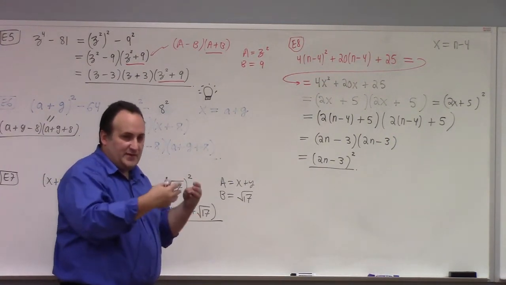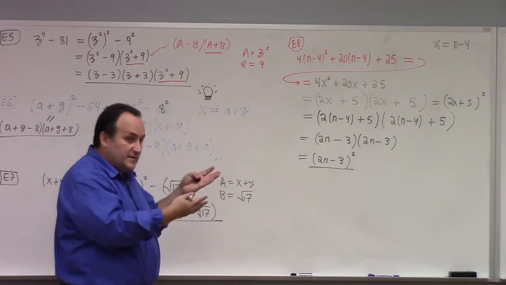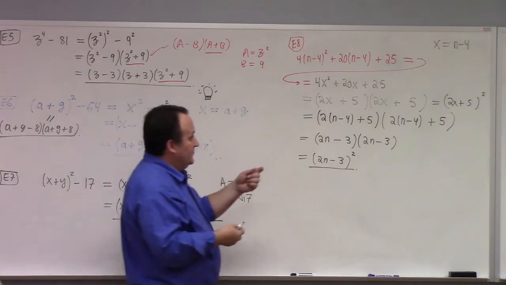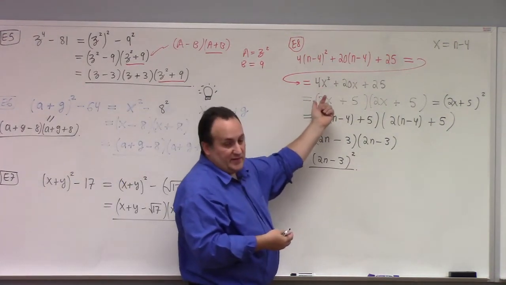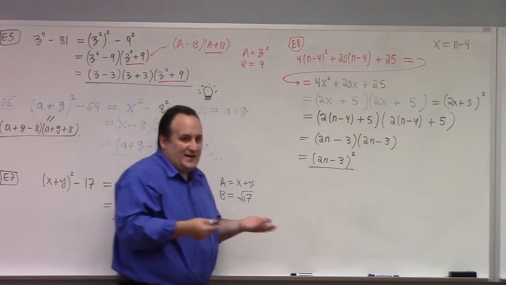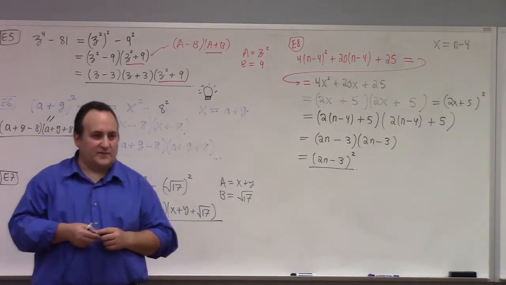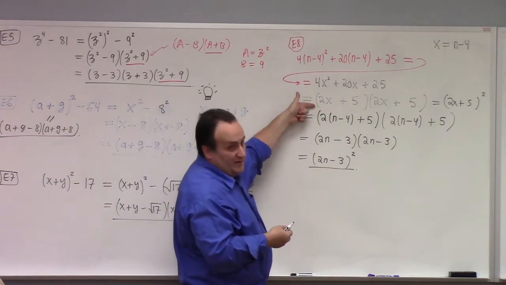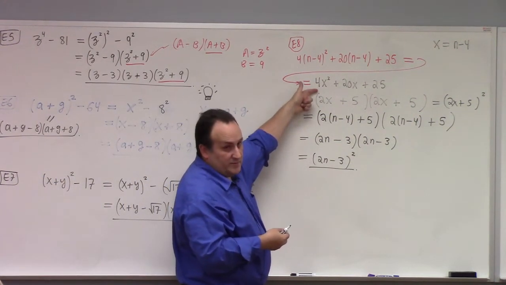But of all those possibilities, I just saw that 5 and 5 works. Also, in principle, this 4x squared you could have split as x and 4x. Factoring has a lot of cases to think through. I don't know if that answers your question, but ultimately, the question is, when I multiply this out, do I get back here? If I do, then I'm right.